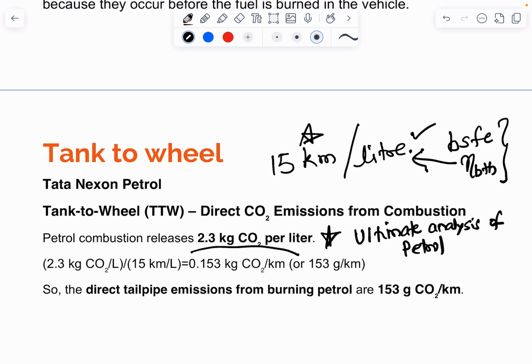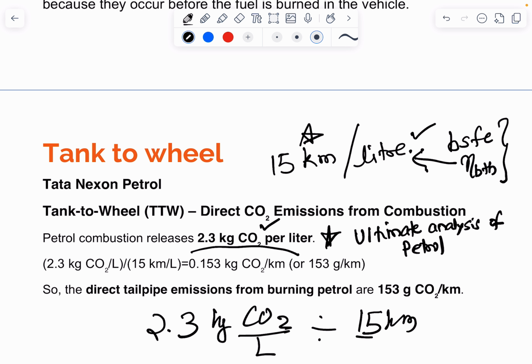So for me, this 2.3 kgs is the CO2 emitted per liter of the petrol. If 2.3 kgs of CO2 is emitted per liter of petrol, and the mileage is 15 kilometers per liter, you are dividing 2.3, the kg of CO2 per liter, by 15 kilometers per liter.